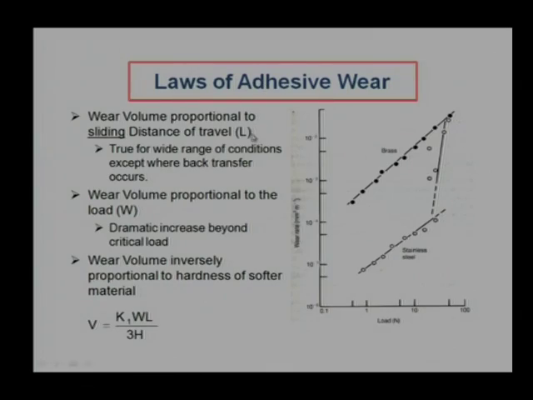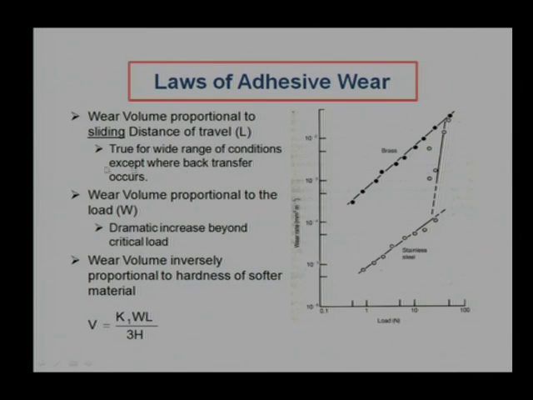So, from an understanding point of view, we can say it depends on the distance of travel, and if we are able to do some experiments, we can still believe that the wear volume is proportional to L, but there will be some constant that may give us some sort of probability of removal of material. So, we need a constant along with this.